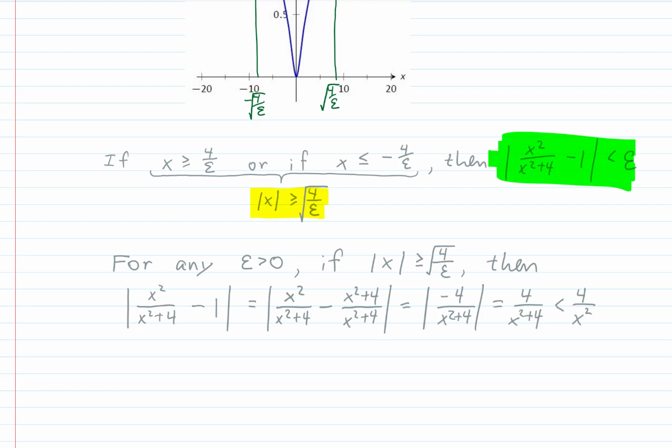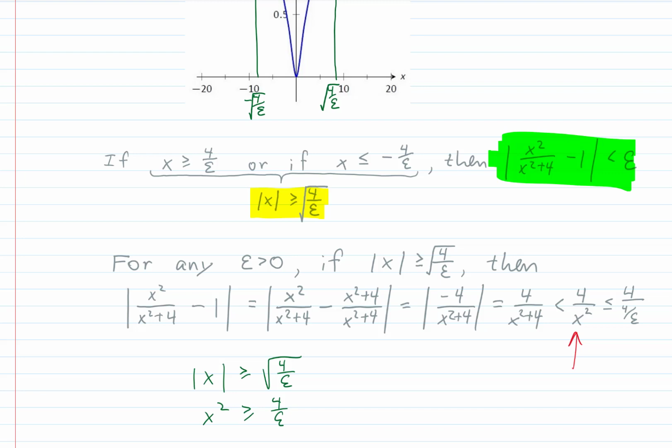Where have we left off? We have this is less than 4 over x squared. Okay, well, if the absolute value of x, let me write this down. If the absolute value of x is equal to or greater than the square root of 4 over epsilon, then that means that x squared is equal to or greater than 4 over epsilon, which means that this fraction is less than or equal to this fraction.